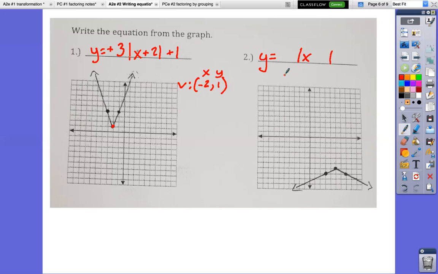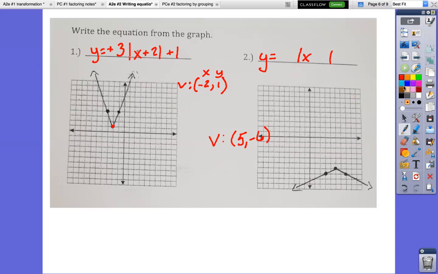Okay. Some of you guys have this, some of you might be waiting. So if I'm looking at the vertex, I've got 1, 2, 3, 4, 5. It looks like the vertex is at 5, -1, 4, 5, 6. So it looks like on this one, my vertex is at +5, -6.